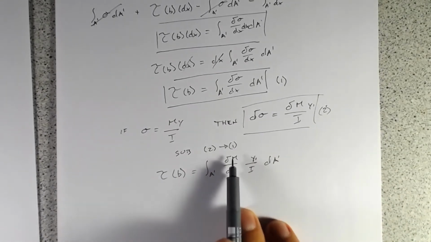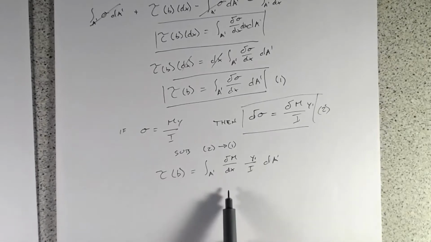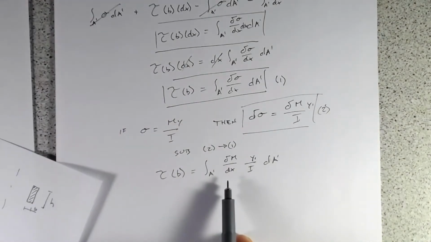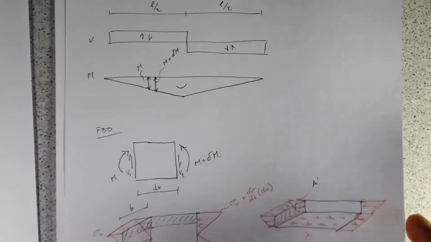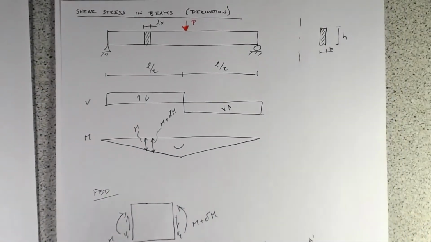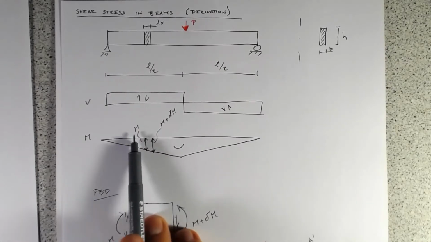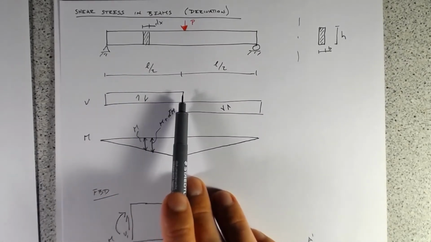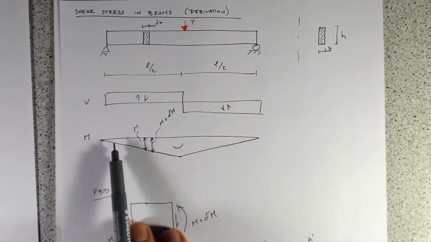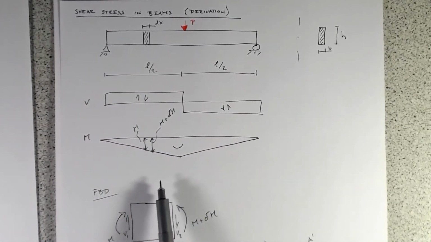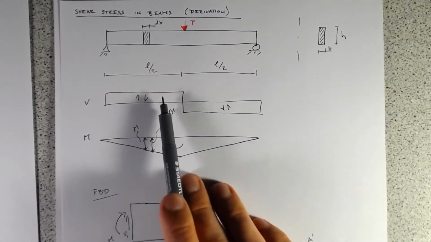So delta M, our change in moment with respect to change in our x distance, is just the definition of shear. That's really what our shear force diagram is coming out. This is why the value of the shear force diagram is the slope of the bending moment diagram, because this is the derivative.